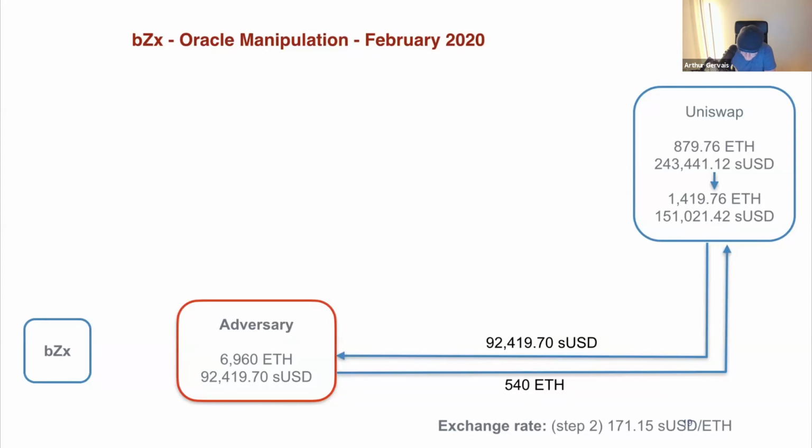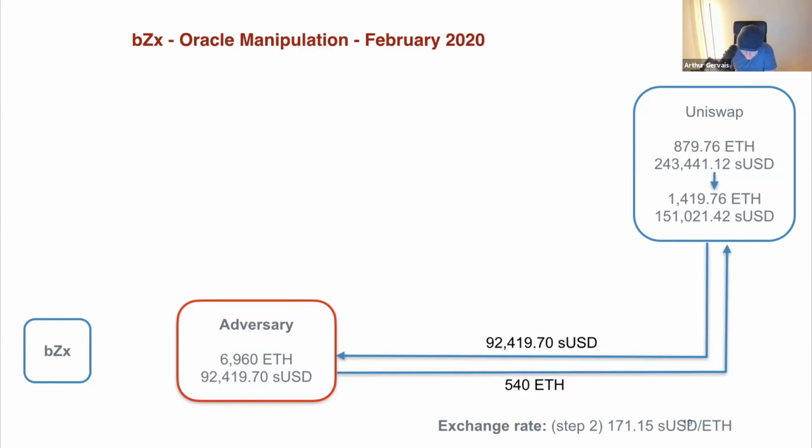The Ether market at this point in time was rather small compared to the amount of the trade. There were 880 Ether in there. After this trade, there are about 1,400 Ether in there.